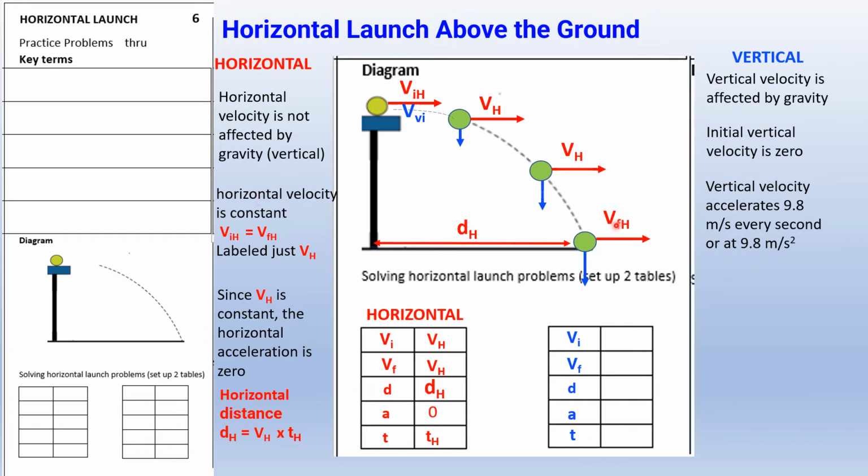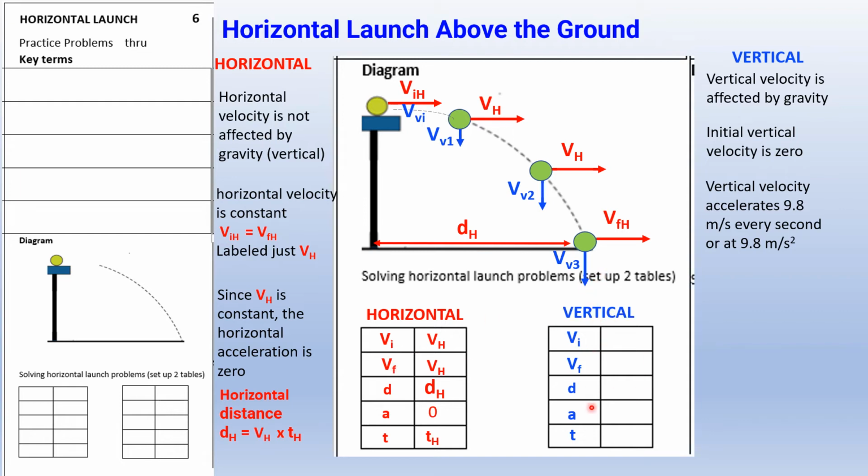The vertical velocity accelerates 9.8 meters per second every second, or 9.8 meters per second squared, because of free fall. Now, as the time goes by, this velocity is going to pick up speed and is going to land on the ground with a higher value.